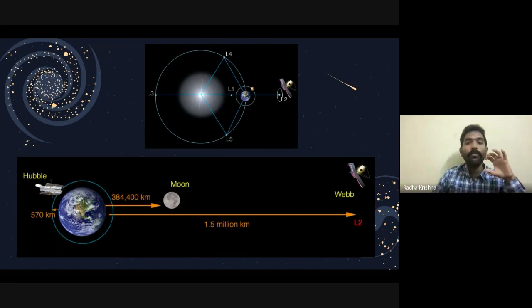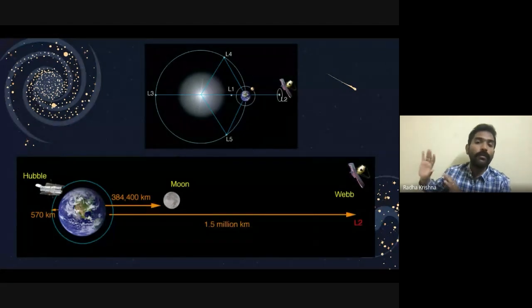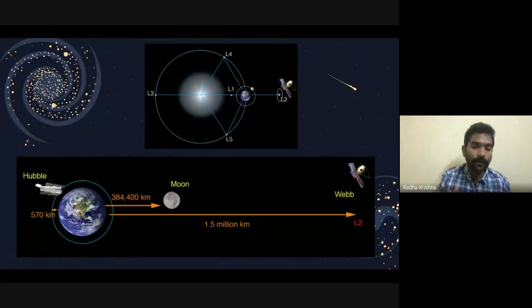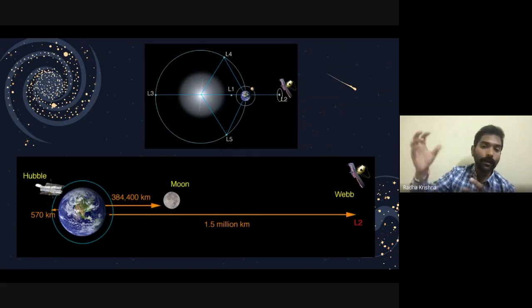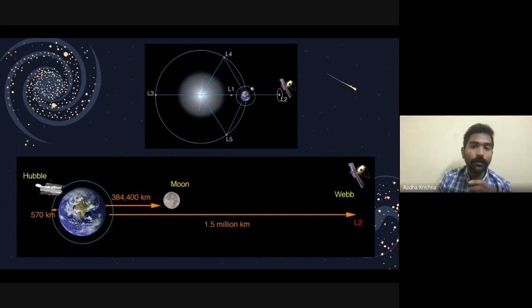But if you want to put something in L1, what does that mean? It wants to look at the Sun, and it does not mostly focus on Earth if it is directly looking at the Sun. And when it is at L1, it also has a good field of view of Earth. So if you have ground stations on Earth, you can frequently contact L1 and take the data, and it can always look at the Sun.